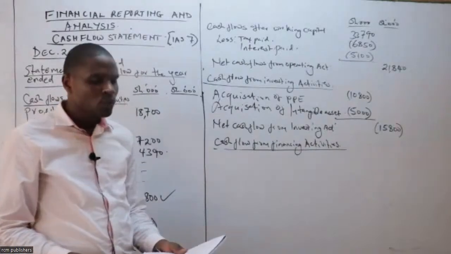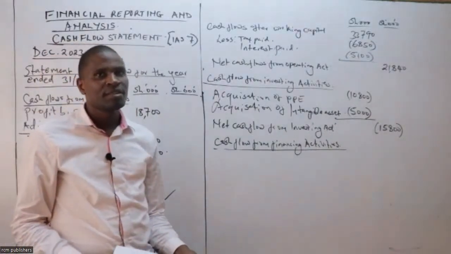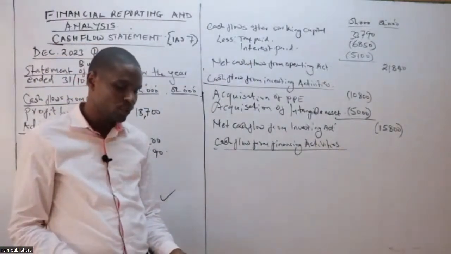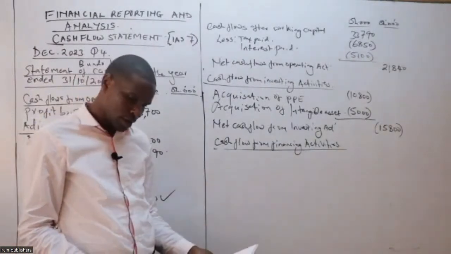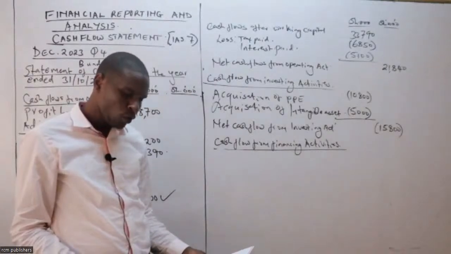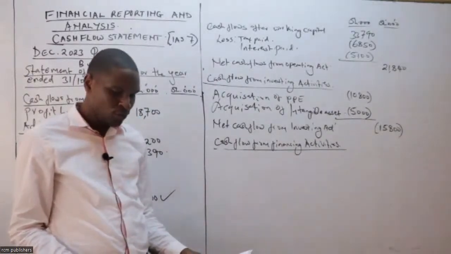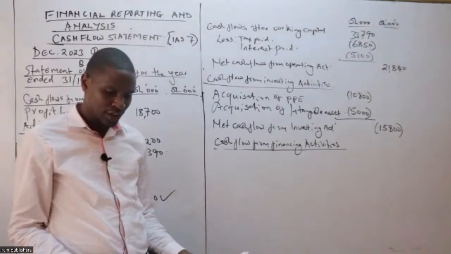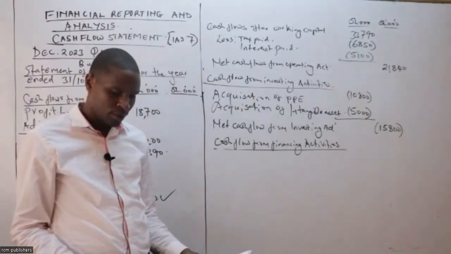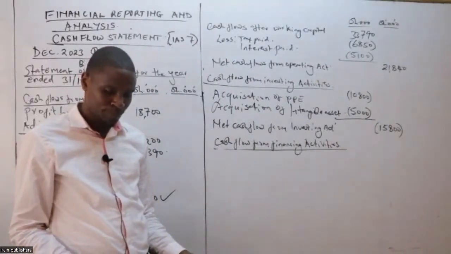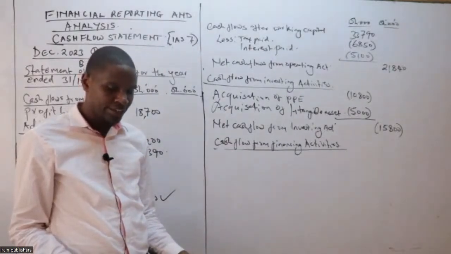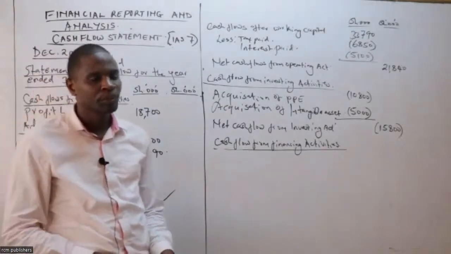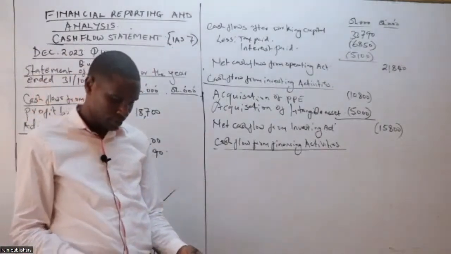Now, can you go direct to where we have the equity? That is where we shall get these items. Tuko na ordinary share. If you look at the start, ordinary share capital value was how much? 32,000. I don't know whether you can see that. Then at the end, ordinary share ni ngapi? Did they issue share?